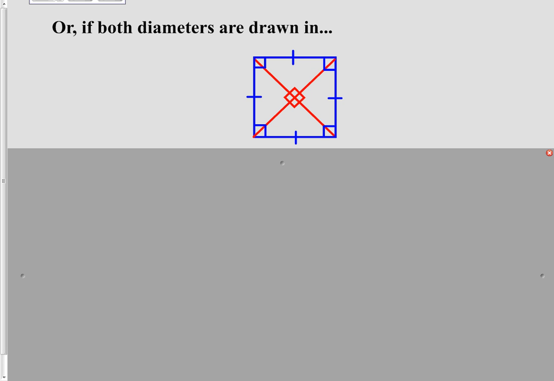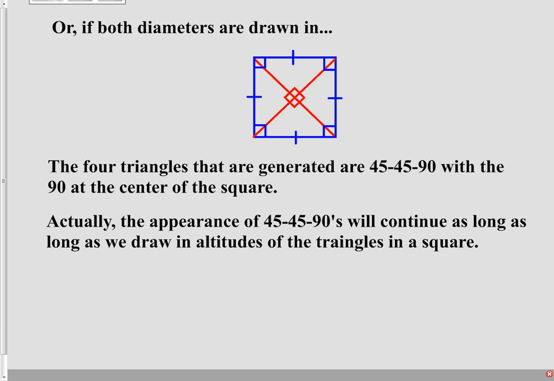Further, okay, this relationship continues on. If you draw in the other diagonal, then your square is not split into 2 45, 45, 90s. It's actually split into 4 45, 45, 90s. And as you continue to subdivide these triangles by way of installing altitudes inside of them, then your 45, 45, 90s continue to get divided into more and more and more 45, 45, 90s.